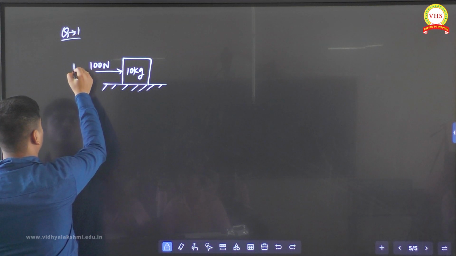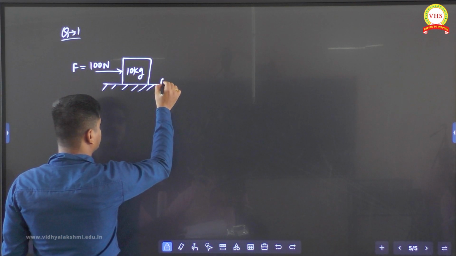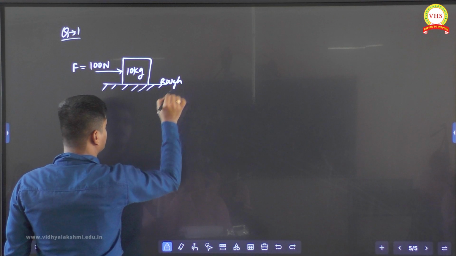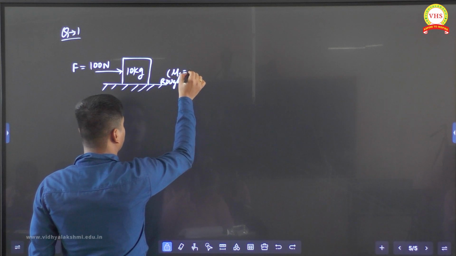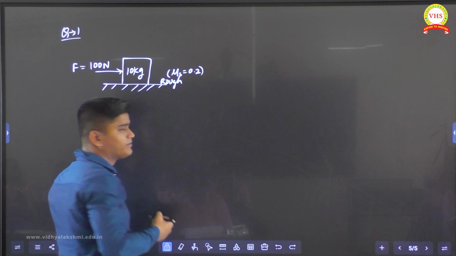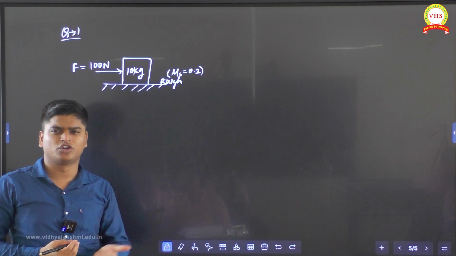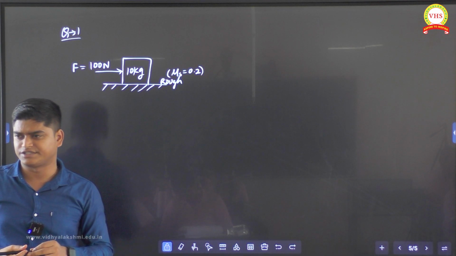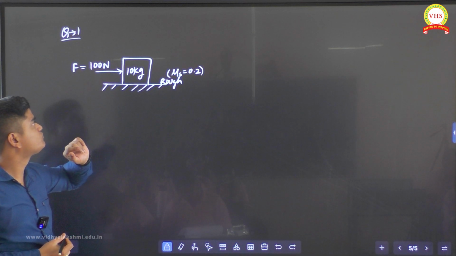This is the applied force, capital F. Now say the surface is a rough surface, and its static friction value is 0.2. The mu value will be in the range of 0.2, 0.3, 0.4 like that.